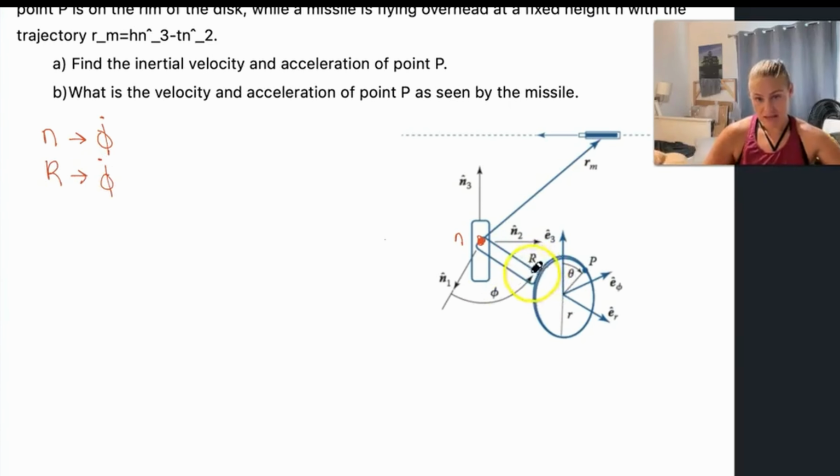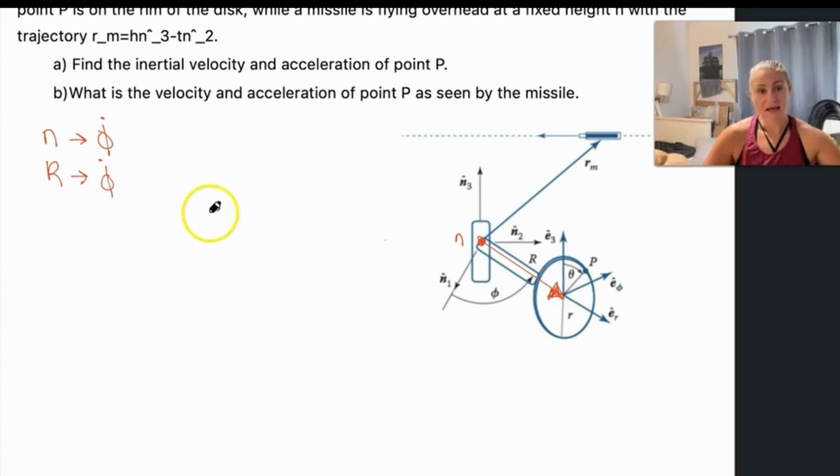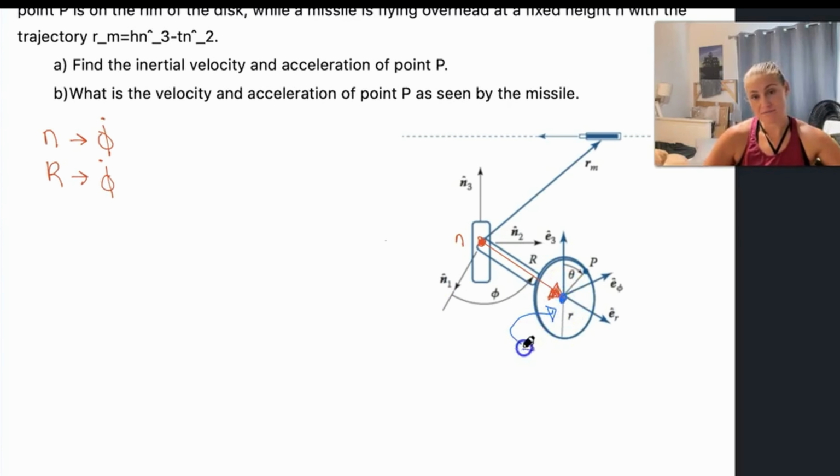It's kind of hard to see, but this shaft actually goes all the way to the origin of our next reference frame, and we're going to label that E. That's our E reference frame. So we have an N reference frame and an E reference frame.